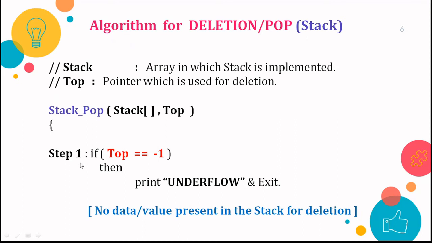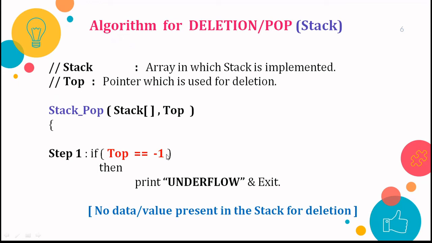Now in step 1, as I have already told you, before deleting anything you should check whether the stack is empty or not. If it is empty, obviously you cannot delete anything from it, so we simply print a message: underflow, which says that there is no data value present in the stack for deletion. Similarly, in case of insertion, we have to check the condition where top is equal to size minus 1.